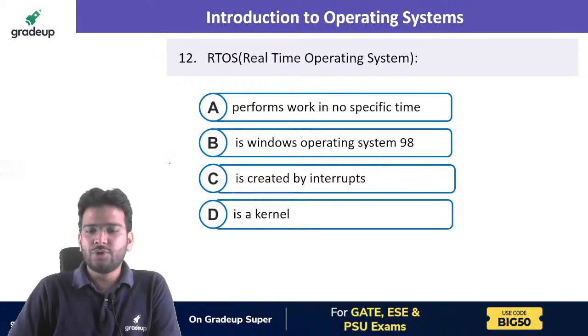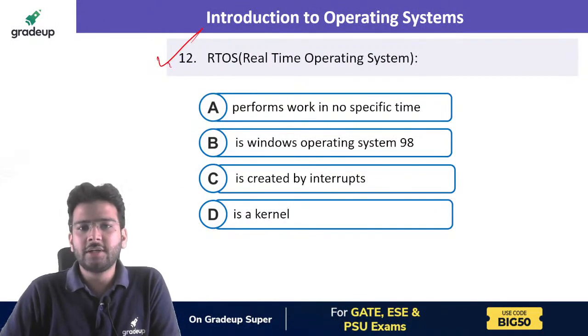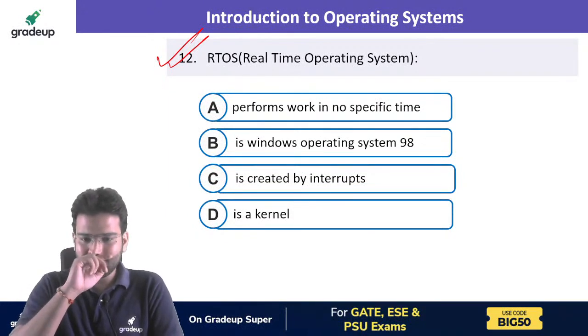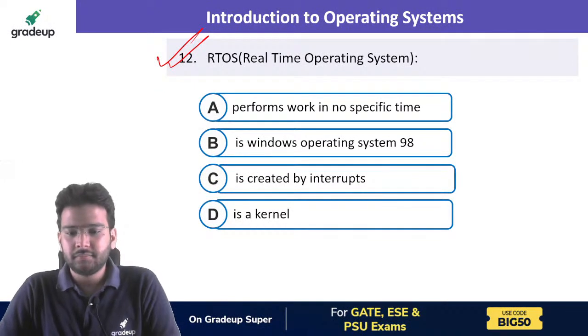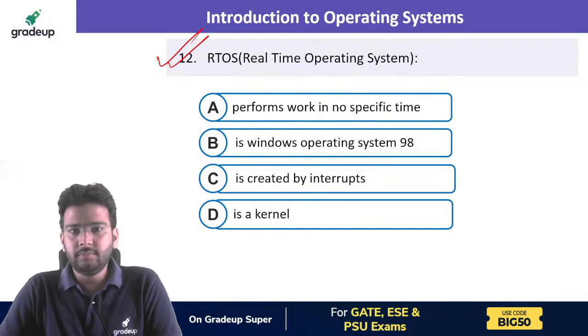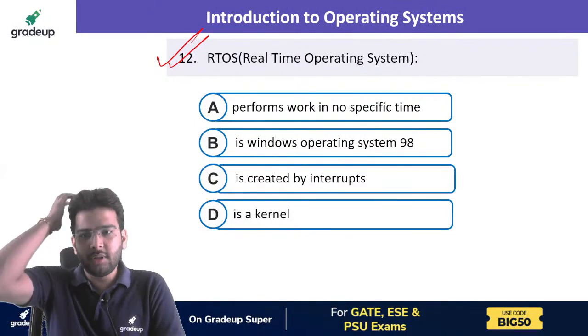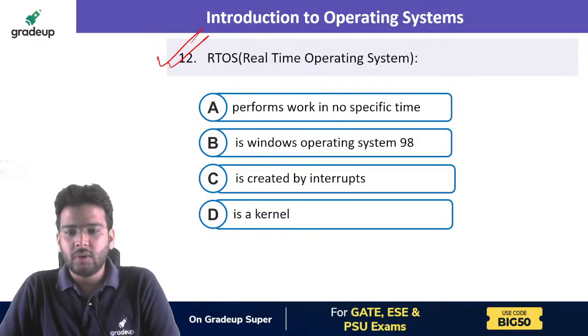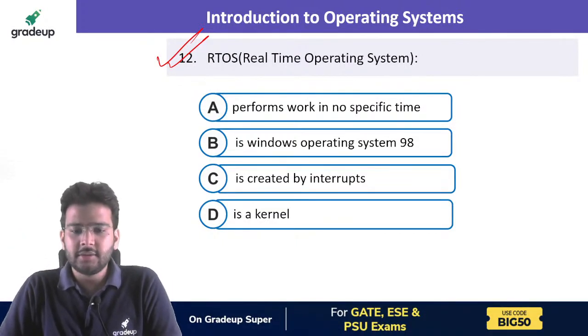Let's answer question number 12 now, the last question of today's class. Utkarsh is saying B should be the answer for question number 12. Is anyone else getting the answer?